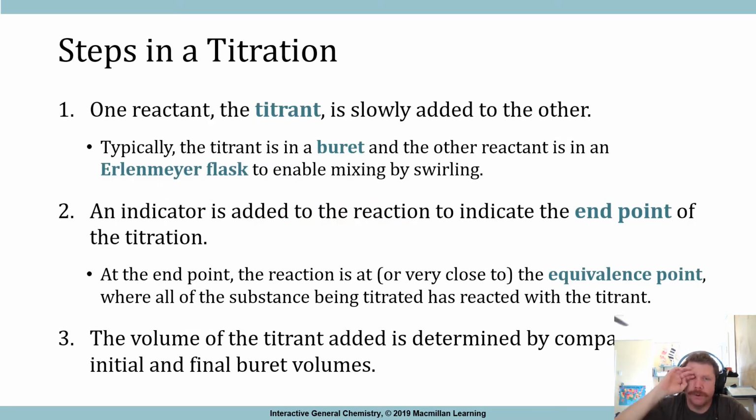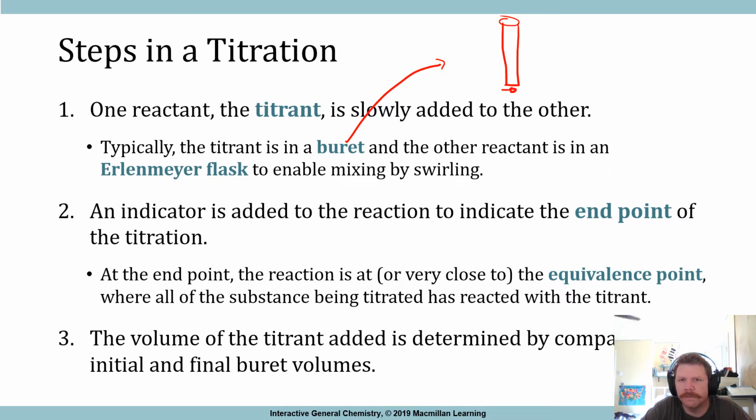Okay? Now, the steps in a titration are as follows. One reactant, also known as the titrant, is slowly added to the other. Now, there's a particular piece of glassware used known as a burette, and a burette looks like a very tall cylinder.